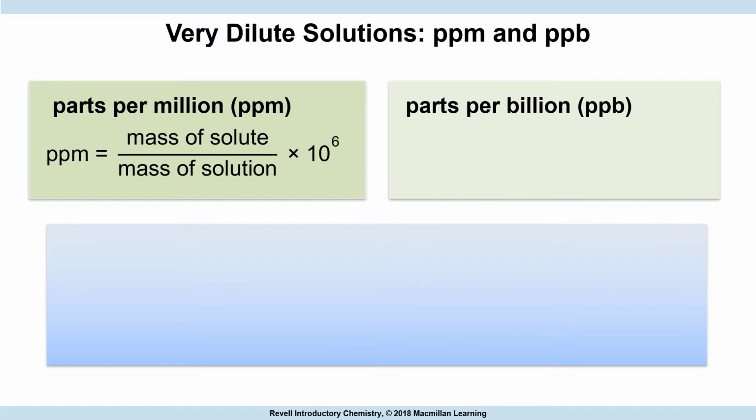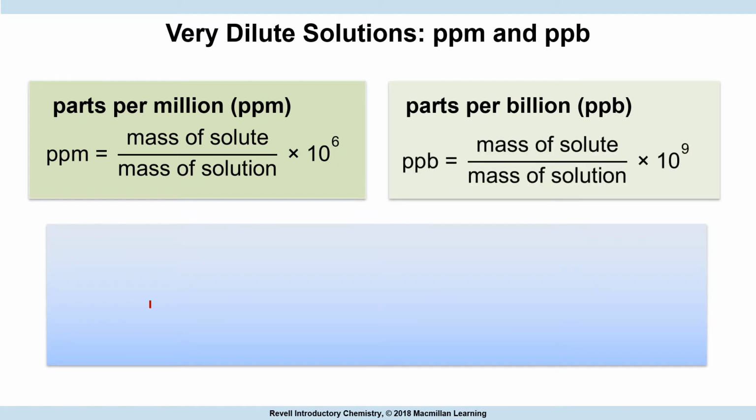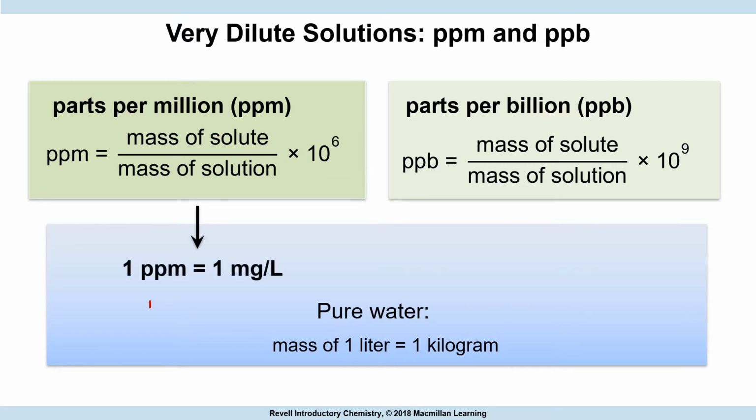Part per billion would be the mass of the solute over the mass of the solution times 10 to the 9th. Now, so these are very low concentrations. We're talking about 1 part per million is 1 milligram, or 0.001 grams, in 1,000 milliliters.